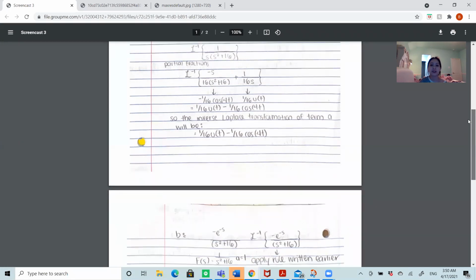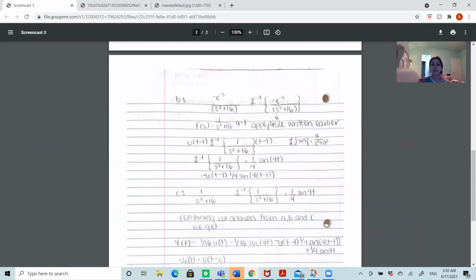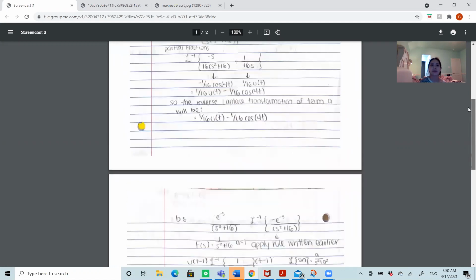And then we're going to move on to the second term, term b. And that is negative e to the negative s over s squared plus 16. We will apply the rule that I mentioned before.